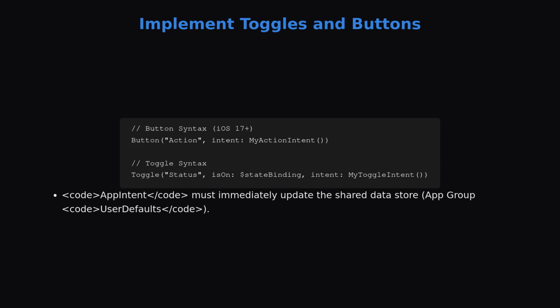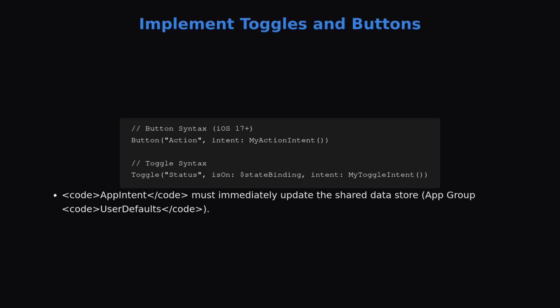To implement a standard actionable button, use the SwiftUI Button view. Pass an instance of your defined app intent directly to the action closure using the specific intent parameter. For stateful controls, such as a toggle switch, utilize the SwiftUI Toggle view. The toggle requires a binding to a Boolean state variable.